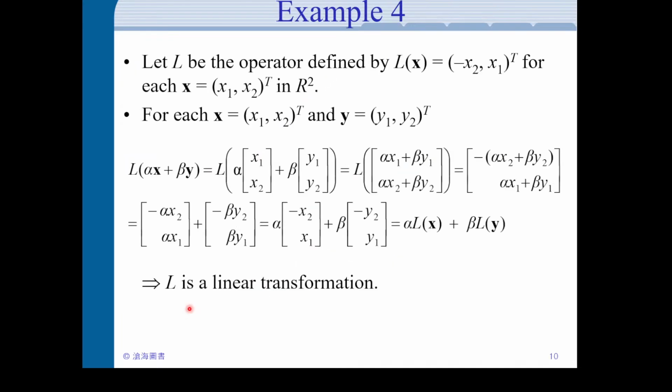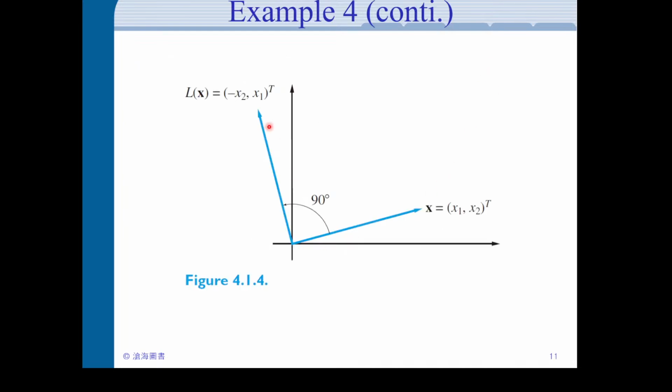And now we have a more complicated example. The next example in R2: L equals minus x2 and x1, when x is x1, x2. This is less easy to see, but it also has a nice geometric interpretation. x1, x2 going to minus x2, x1 is a rotation by 90 degrees.